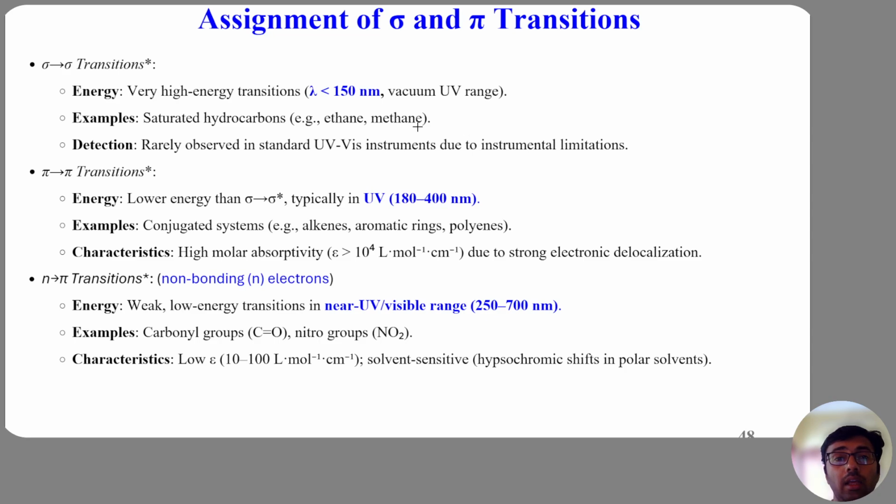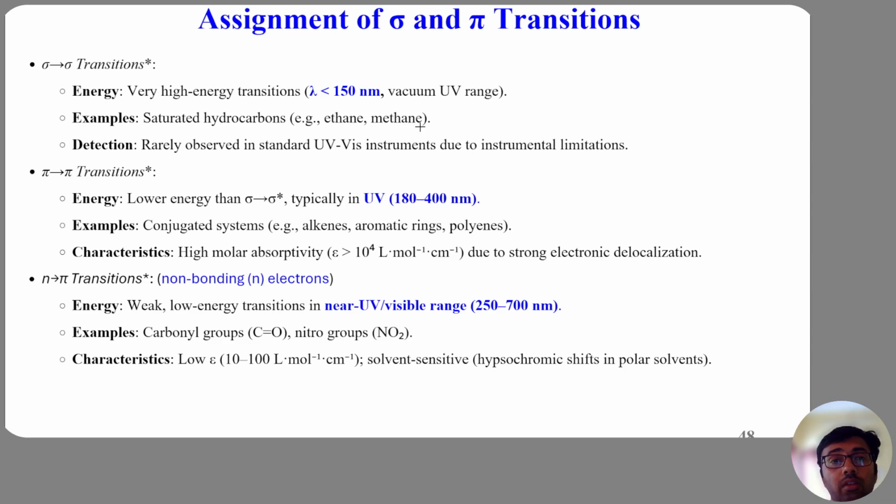The third category is n to pi star transitions. These involve excitation of non-bonding electrons or lone pairs. Because these electrons already lie at relatively high energy, only low energy photons are required. These transitions appear between 250 to 700 nanometers. They are characteristic of carbonyl groups and nitro groups.